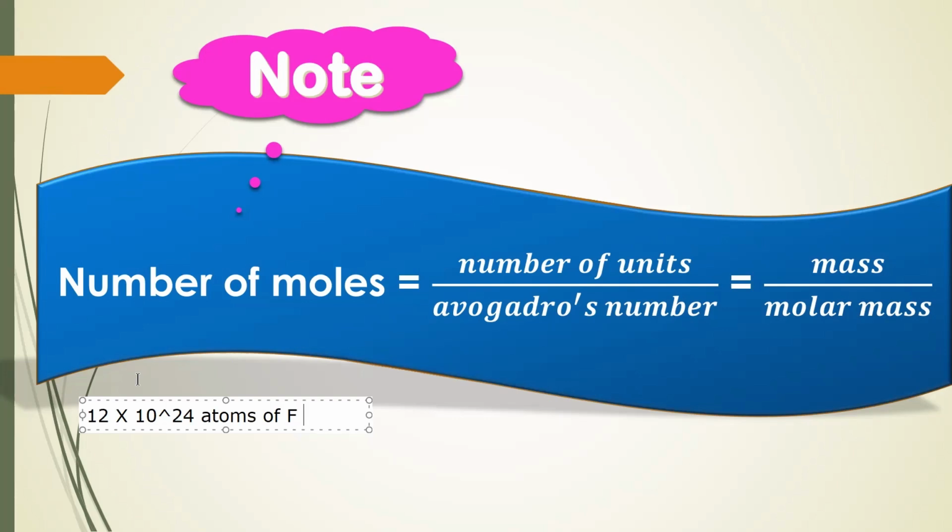Okay, so we have the number of atoms. We need to know how many moles are in this number. So we can simply draw the triangle that will help us figure out the equation required to calculate that.